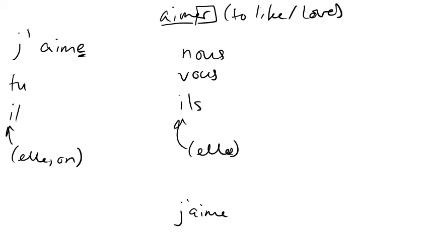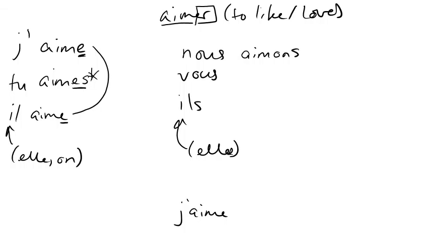Now with tu, we don't have to remember any other crazy rules, we just go for it. So tu aimes, and remember, Mr. Tu walks with his dog S, so we have S, and then il aime, just an E, because remember these two are exactly the same, and this one just adds the S. Now with nous, we're going to do the same thing that we did on the other one. So aimons.